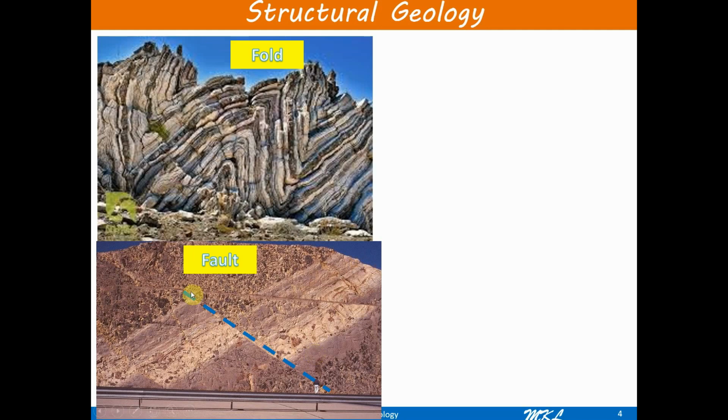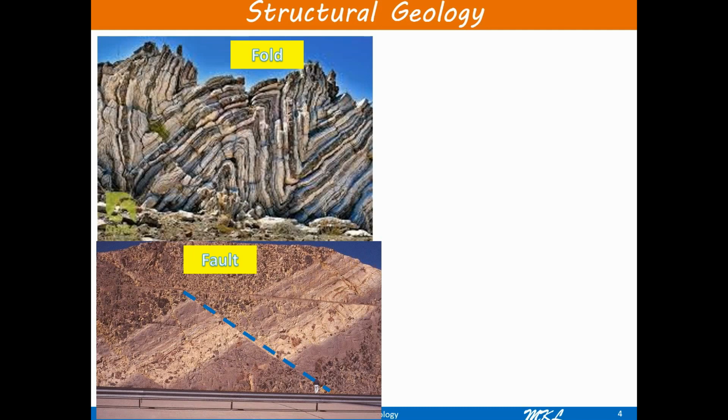There is an offset. Originally this was one whole rock and it became displaced. Two things might happen: this might go down, which is generally considered, or this might go up. That will be discussed in the fault when I discuss what is a normal fault and what is a reverse fault. So here you can see there is a displacement, and this is a huge hilly area.